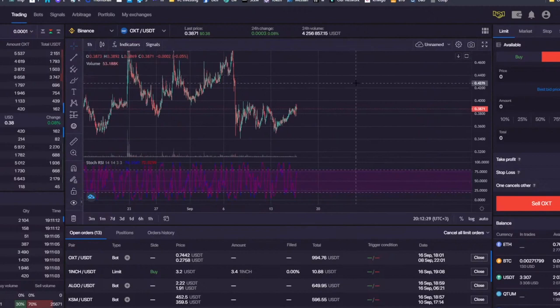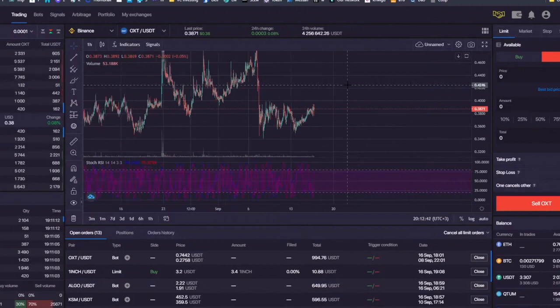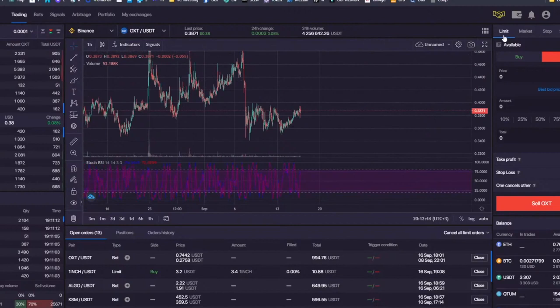And since you are now the market maker, you pay a lower fee. Sometimes on some exchanges it is even a negative fee, so the exchange actually pays you for that.